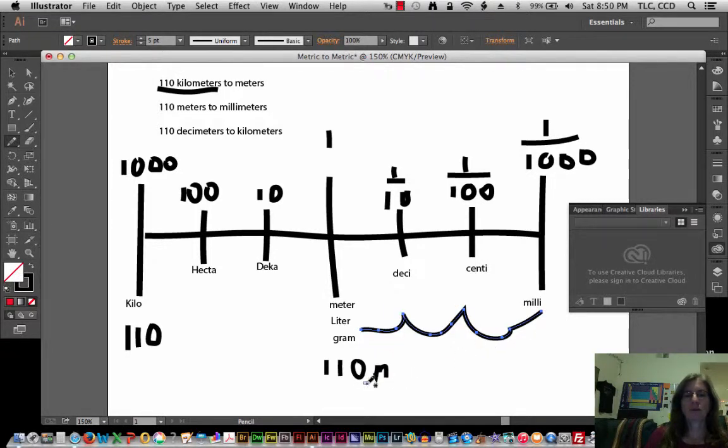Here's your decimal. 1, 2, 3. And you get to put a 0 in for each of those. So that's 3 zeros, because you moved 3 places to the right. So what we have is 110 meters equals 110,000 millimeters.